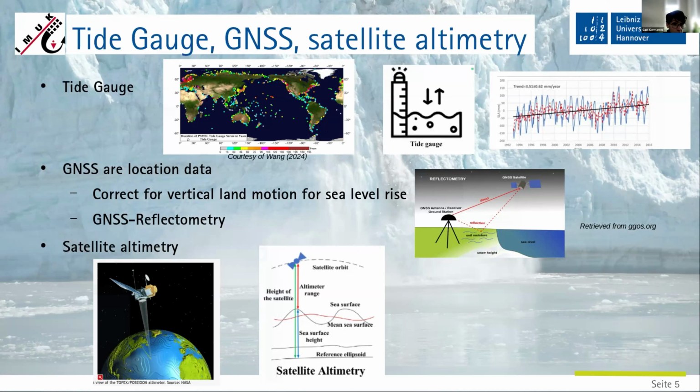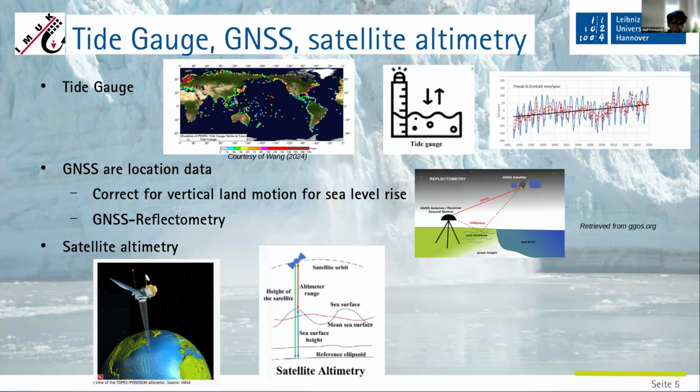The third way is satellite-based measurements. With satellites, you can measure sea level just by taking the difference between the altimeter range and the height of the satellite, which you know because you know exactly the position of the satellite on its orbit. And by taking the difference between the two, you get information about the sea level.